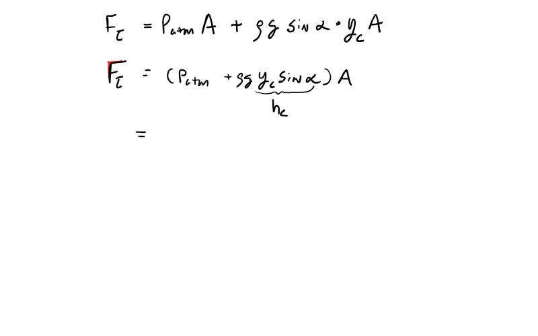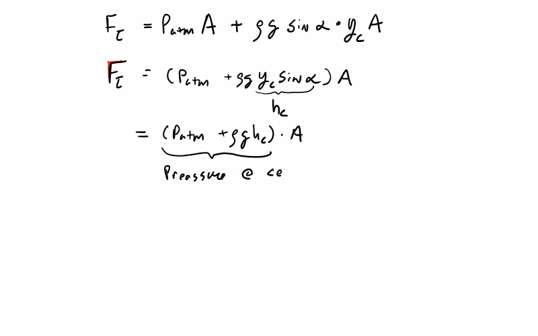Which means that this is equivalent to PATM plus rho g HC times A. And this formula here is the pressure at the centroid of my shape.